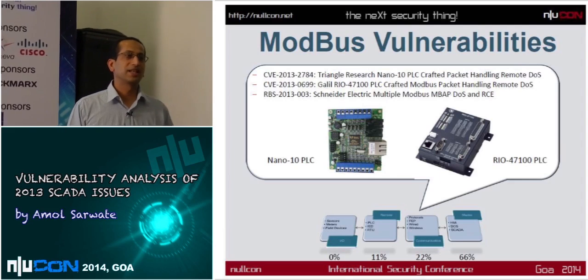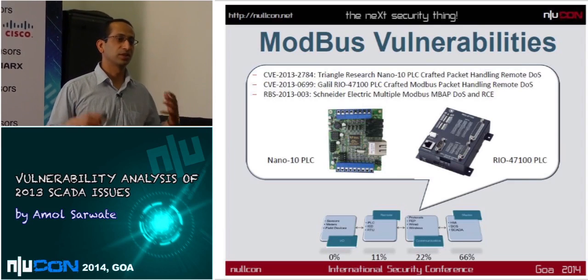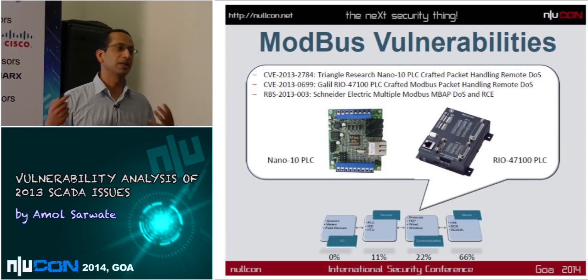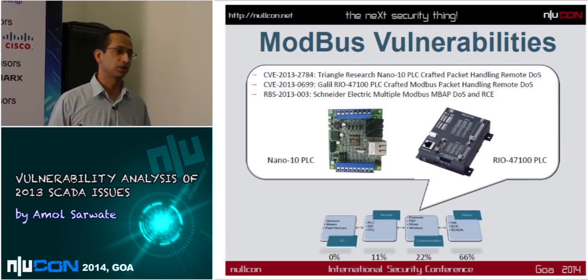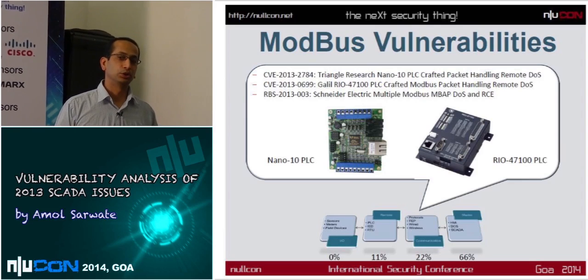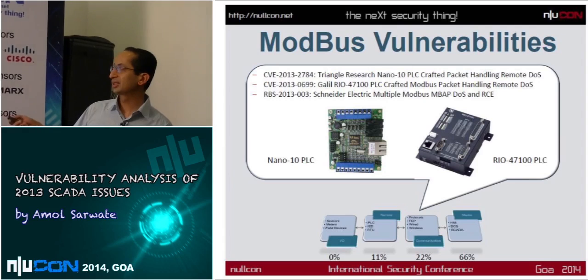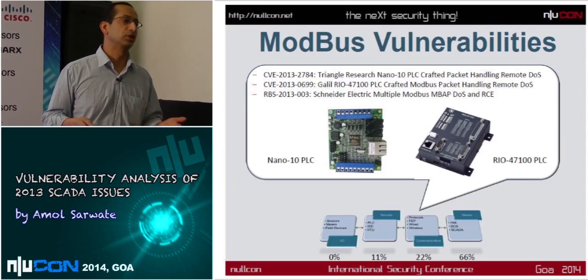It was partly because at that time when these protocols were designed, it was assumed that this system is a closed system, so there cannot be any intruder in the system. That was a big assumption, which is not true anymore, because more and more these systems are being connected to the network as well as even to the internet.